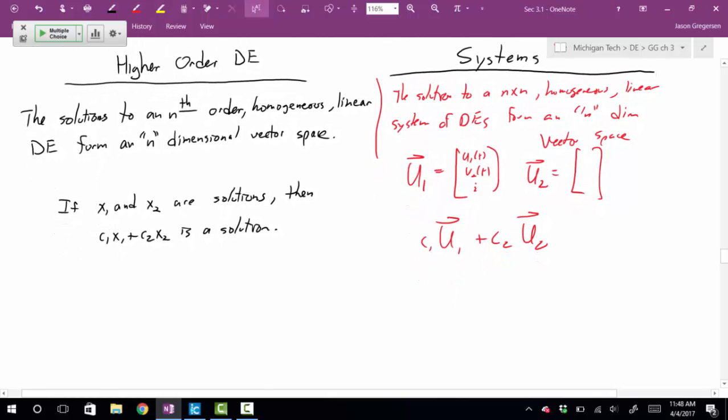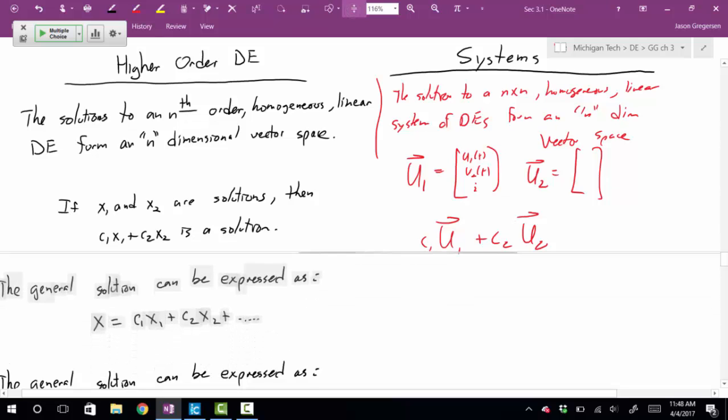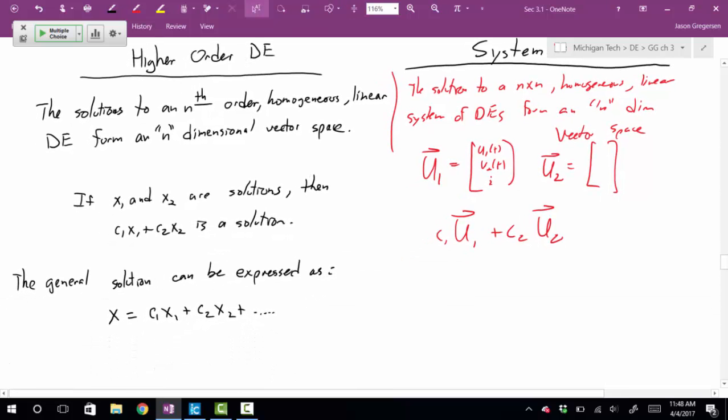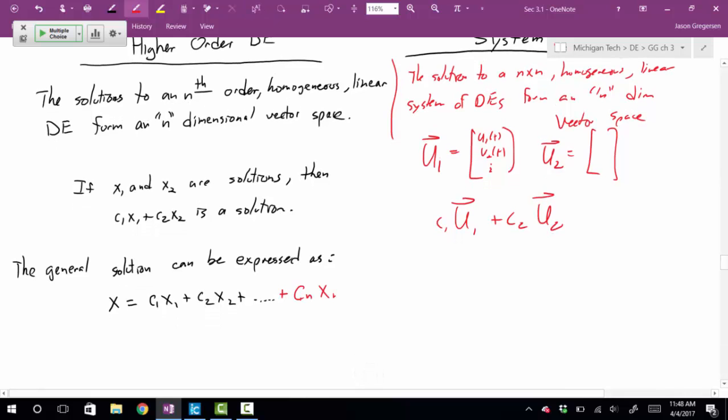Now that statement was actually just a precursor to the bigger, more important statement, because the thing we wanted to do was find the general solution to a differential equation. And so for higher order, we said the general solution can be written like this: C1x1 plus C2x2 plus dot, dot, dot plus, how high did I have to go up? Cnxn.